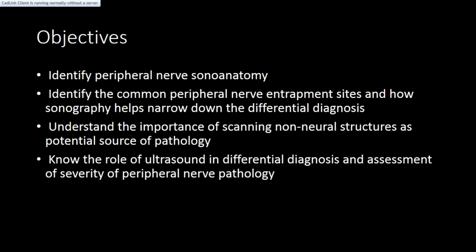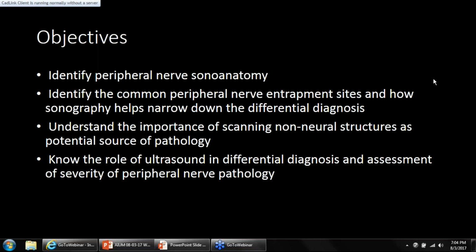We are going to look at peripheral nerve sonoanatomy and how the normal nerve appears in sonographic imaging, identify common entrapment sites where the nerve can be entrapped and how sonography helps narrow down the differential, understand the importance of scanning of non-neural structures, which are important because they can be a potential source of pathology, and know the role of ultrasound in differential diagnosis and assessment of severity of peripheral nerve pathology.